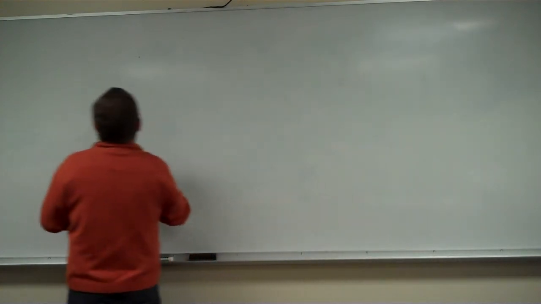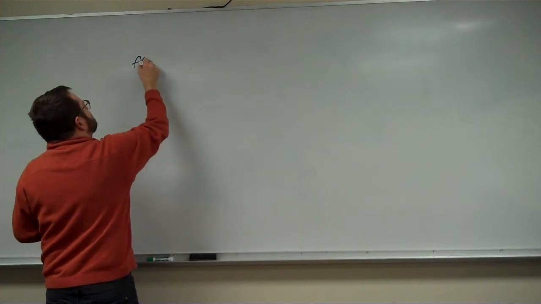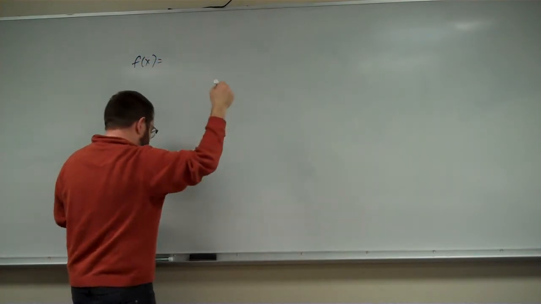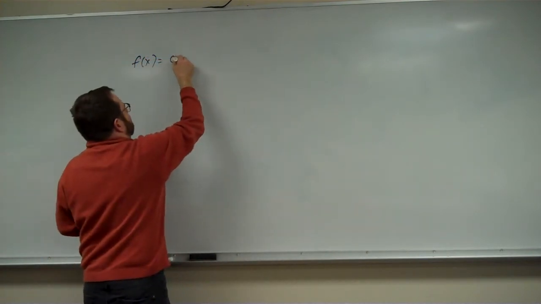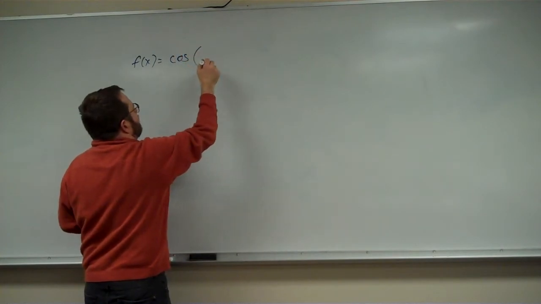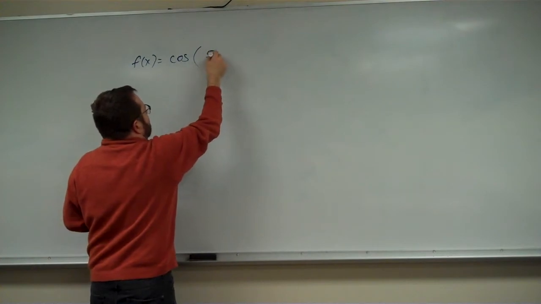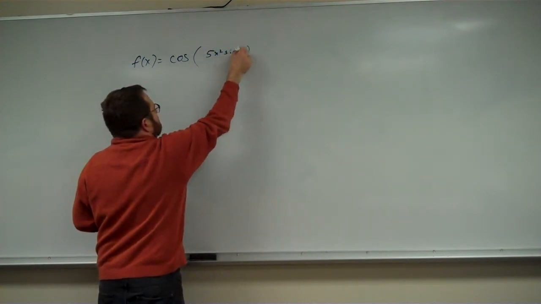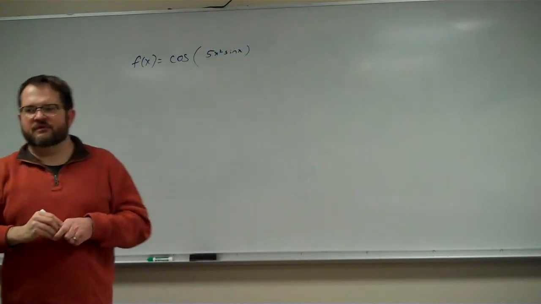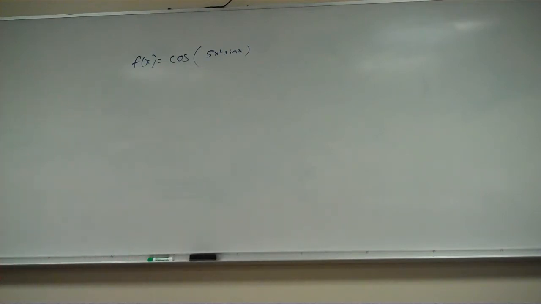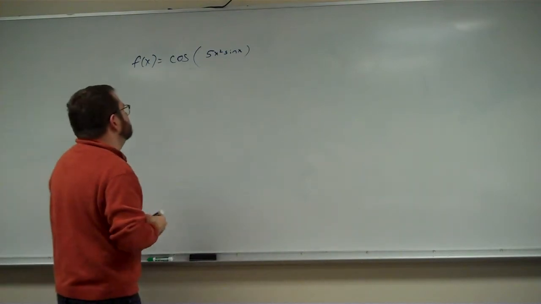All right, how about this? How about f of x is equal to, let's just stick with a cosine of a product. How about 5x squared sine x? We've got a function, cosine, of something inside of it that itself is a function, 5x squared sine x.